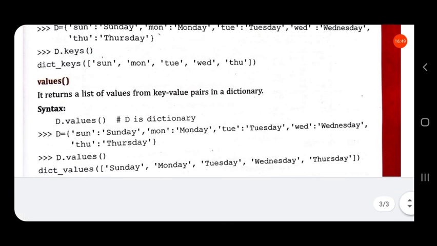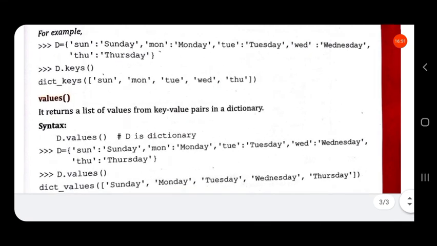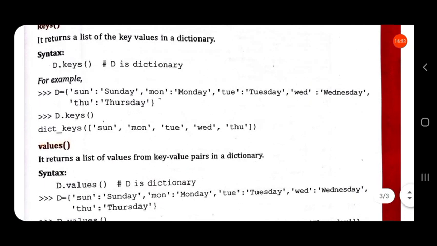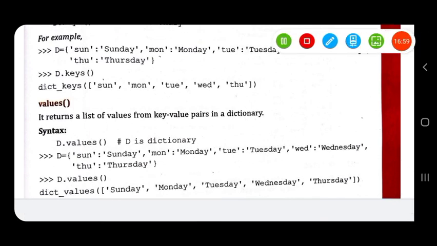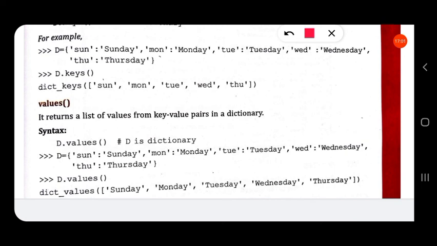Now the next function is the values function. As the keys function returns the keys in the dictionary, the values function returns the values in that dictionary. It returns the list of values from the key value pairs in the dictionary. Its syntax is dictionary name dot values.